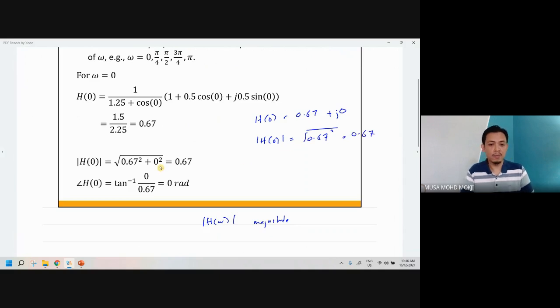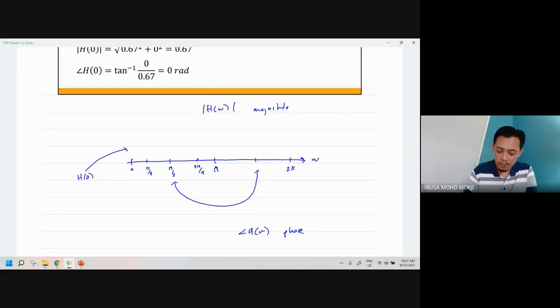Okay, this one. And what will be the phase? The phase is a tangent inverse of 0 divided by 0.67, because imaginary is 0. So this is the imaginary. What is the real value? 0.67. So tangent inverse of 0 becomes a 0.